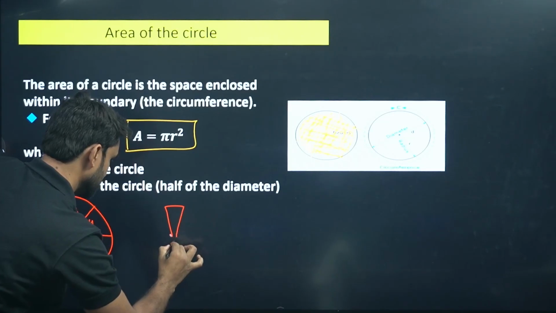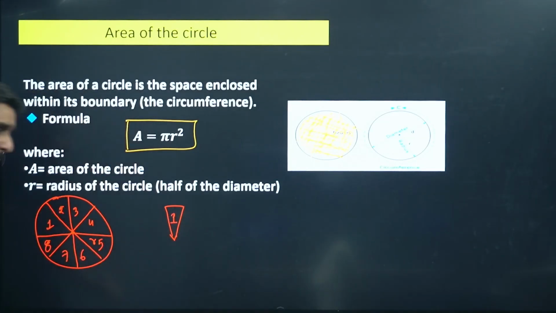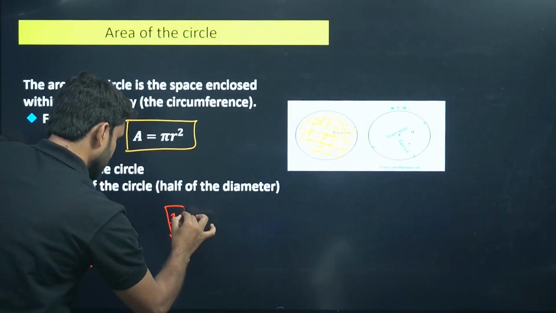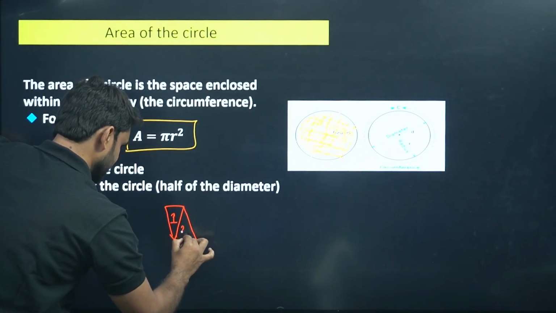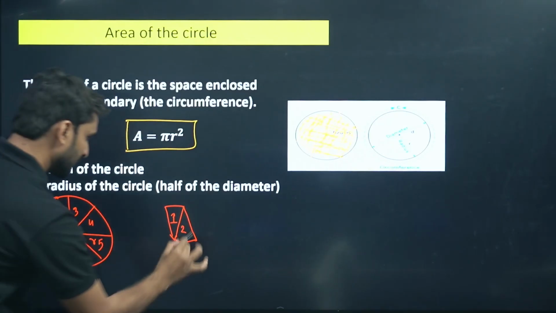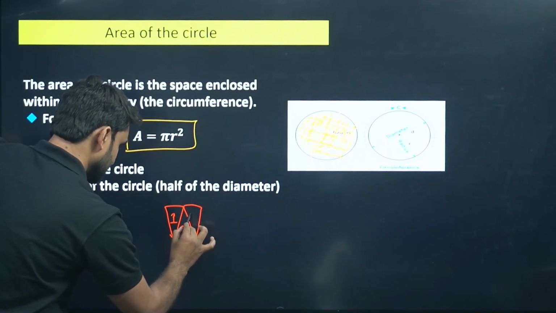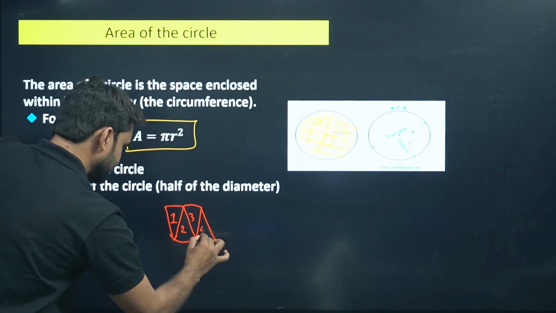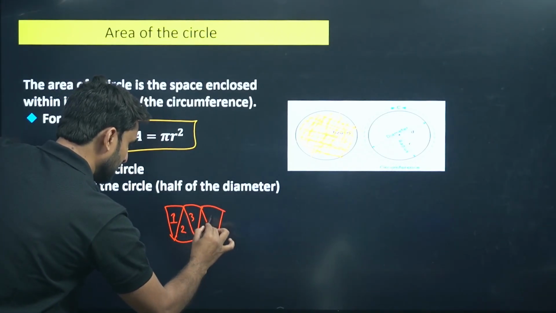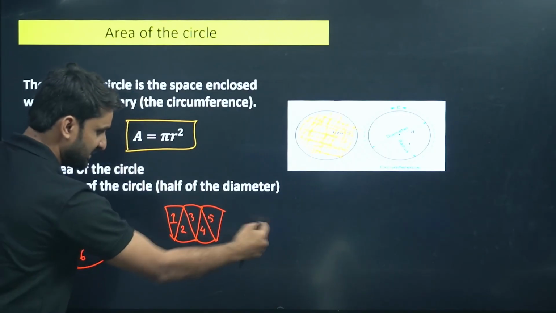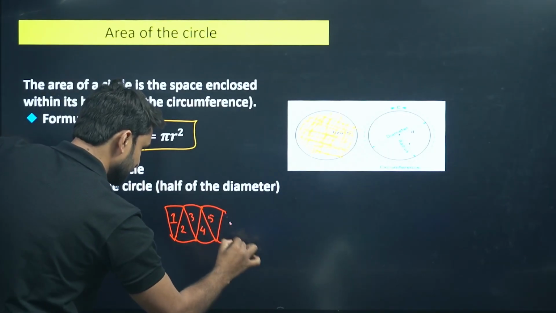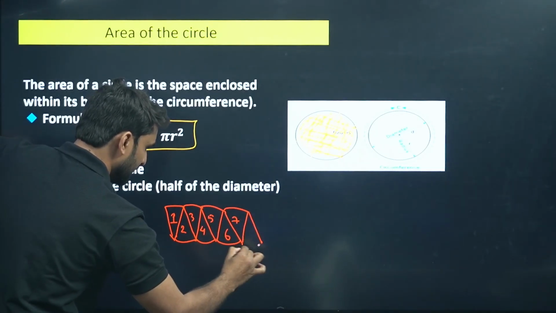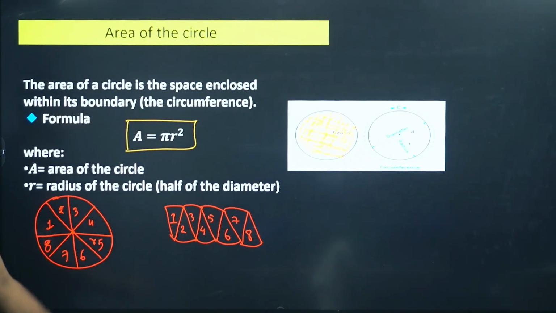First slice, let's say this is slice 1, and I'm arranging this slice in this way. Second slice, again arranged this way. Third slice, similarly. Fourth slice, and keep repeating until all the slices are arranged in this form. Fifth slice, sixth slice, seventh slice, and this is your last, 8th slice. Hope you understood.